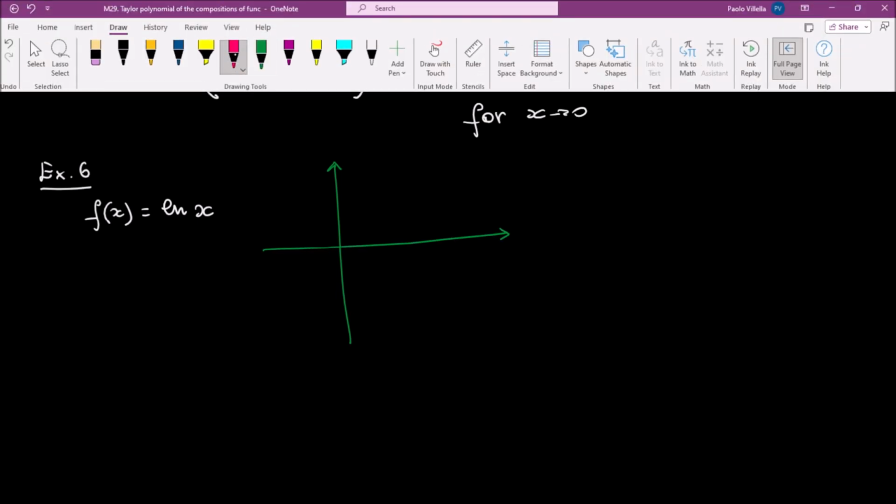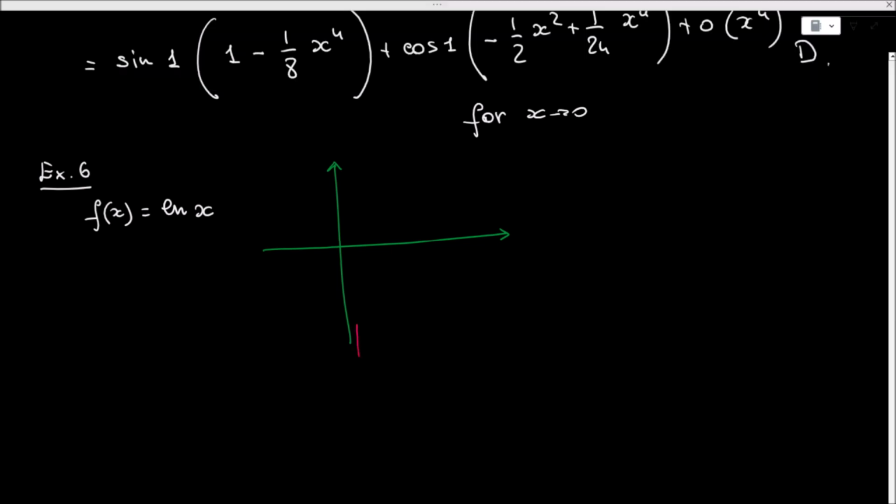The logarithm is a function that is only defined for x larger than 0, and this point is 1. So clearly we cannot expand the logarithm around the origin because the function is only defined for x larger than 0. Let's try to expand the logarithm for x equals 7.